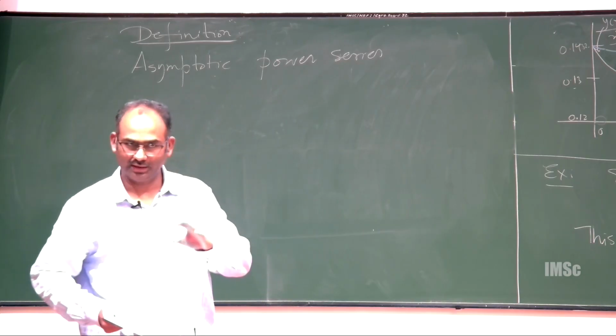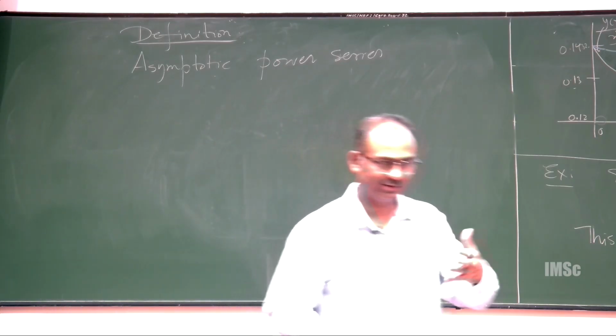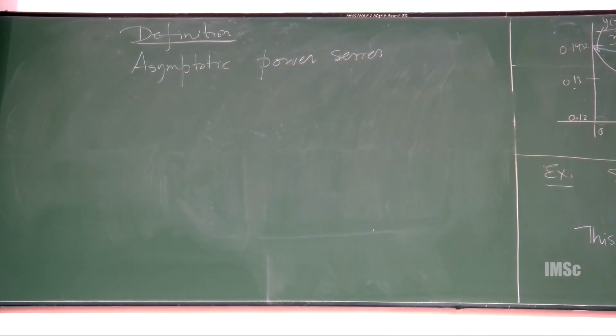To say you have an asymptotic power series, by itself, this means nothing. You always say that a series is asymptotic to a function at some point. As x goes to x naught, this series is asymptotic to that function. Without reference to a function, there is no meaning of saying this series is asymptotic.